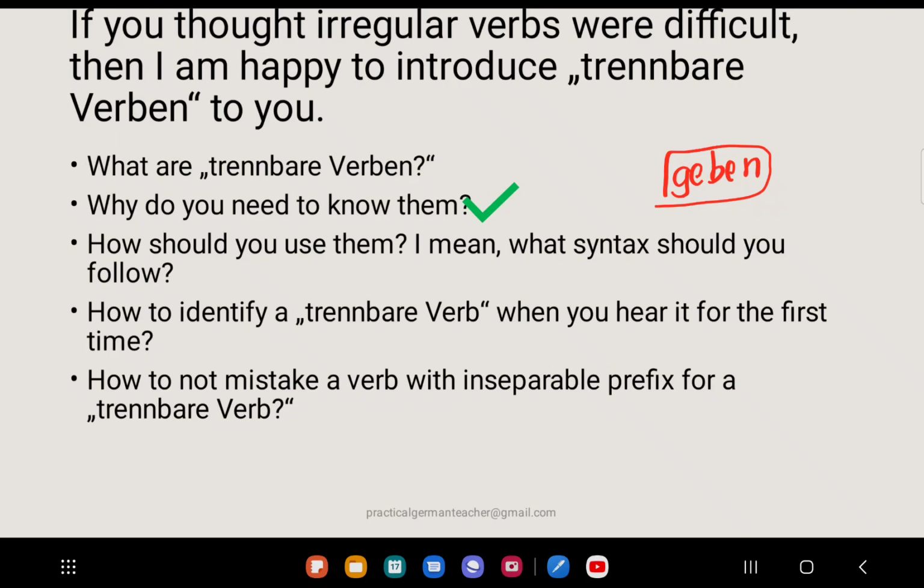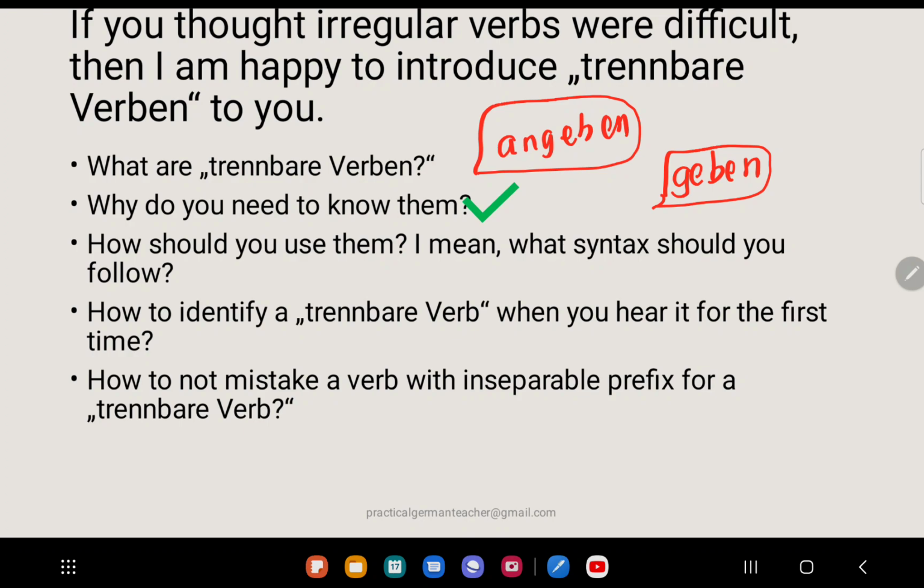So together we realized you can say at least 20 different things by just using geben. But of course you will have to add a prefix to it. For example, geben means to give, but if you add an to it, you will be surprised what angeben means. Angeben means to boast or to brag.